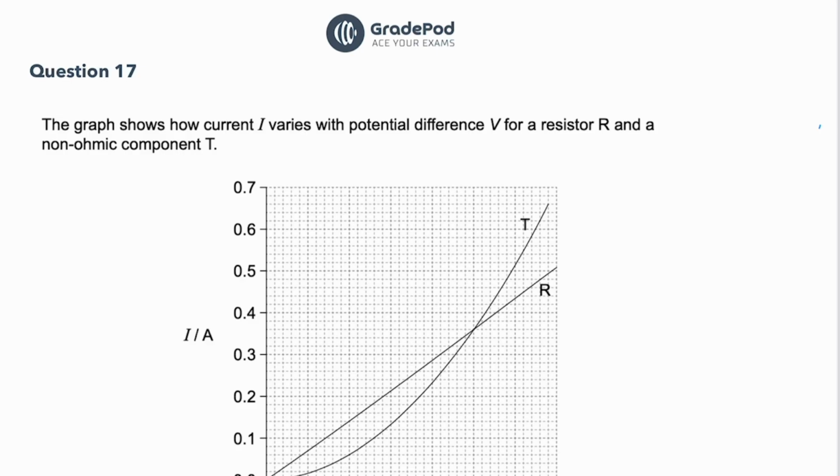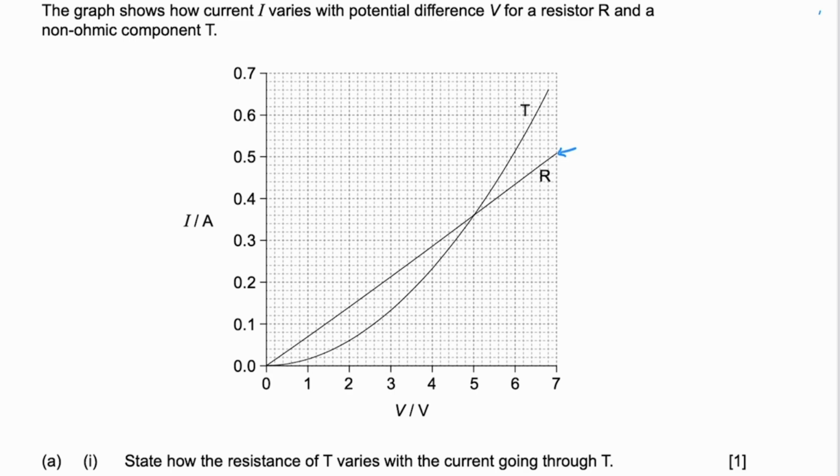Question 17. The graph shows how current I varies with potential difference V for a resistor R and a non-ohmic component T. Okay, well the gradient of this graph is constant, which tells us that any time we make this calculation it will also be constant. So we're looking at a constant resistance here for resistor R. That's not the case for T. If you complete a calculation at any point, so for example here, RT1, and say here, RT2, they would be different.